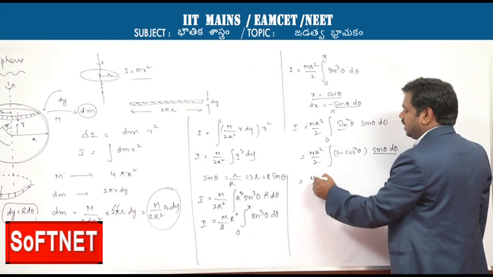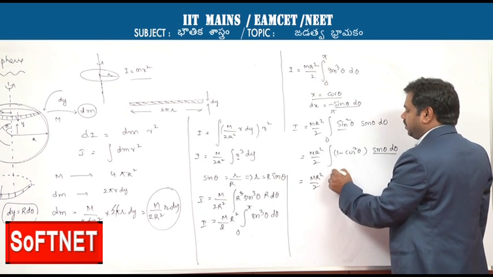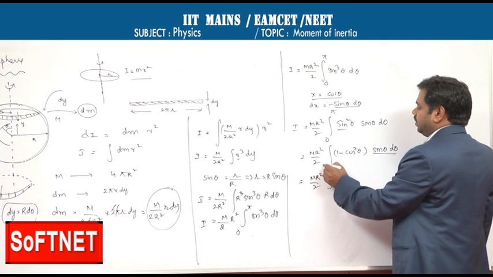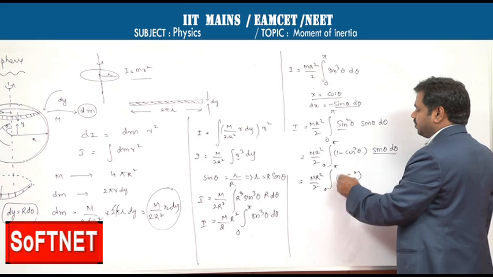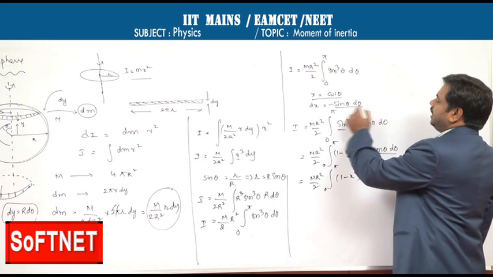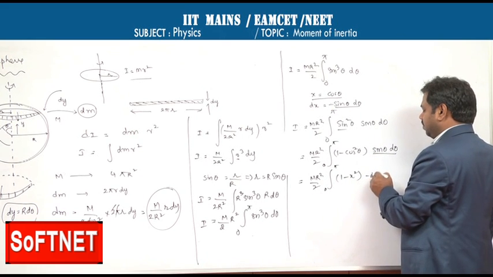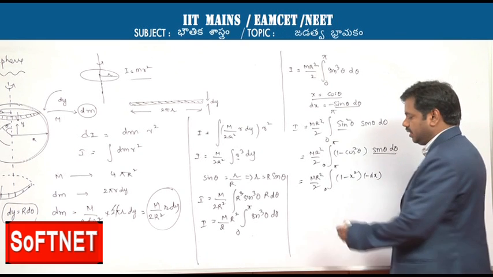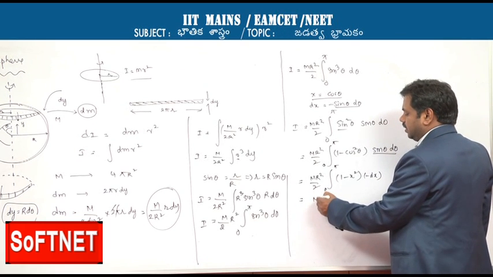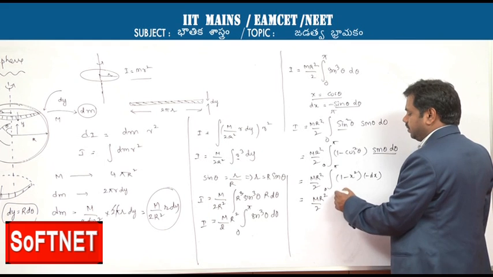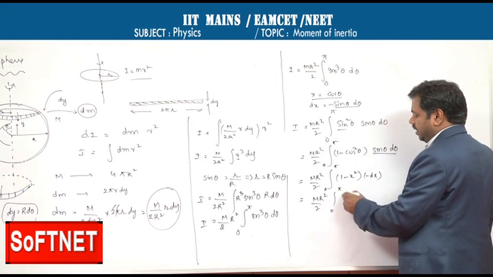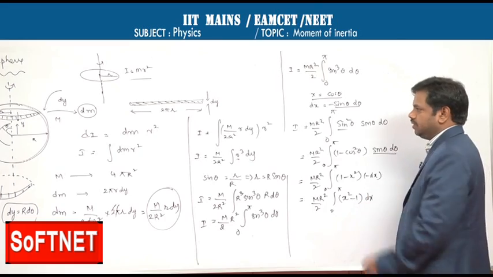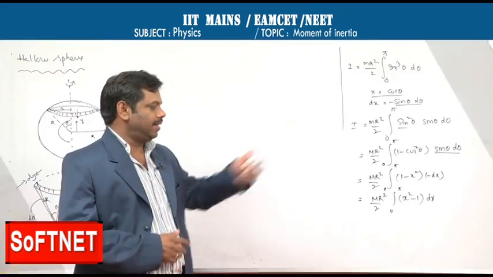Then I will get mr square by 2 into integration of 1 minus x square, and sin theta d theta is equal to minus dx. Then you will write this as mr square by 2 integration of x square minus 1 into dx. Now let us integrate that equation.